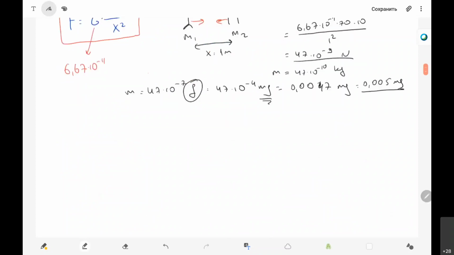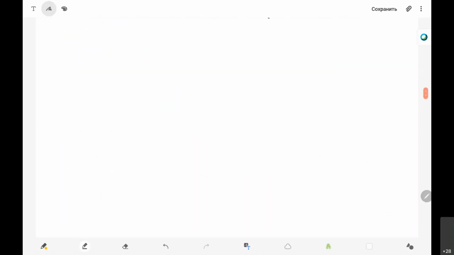But when it comes to big masses, let's say Earth and the Sun, Moon and the Earth, yes, we cannot ignore this force because of mass. Mass is huge, very big numbers. So that's why we don't use it in daily life. So let us study the motion of Earth around the Sun.